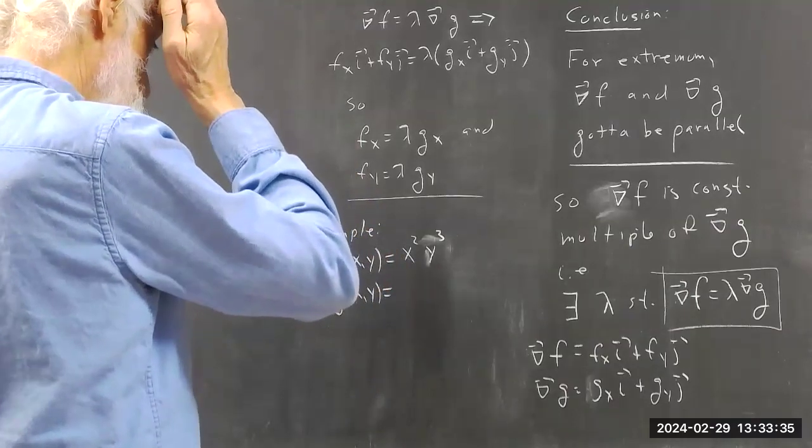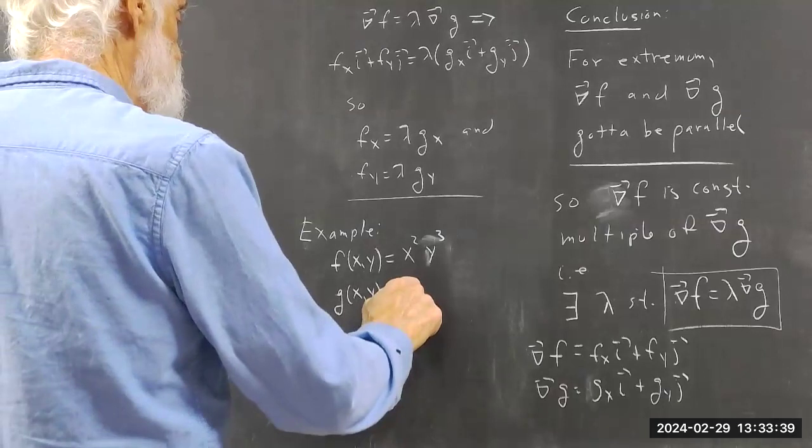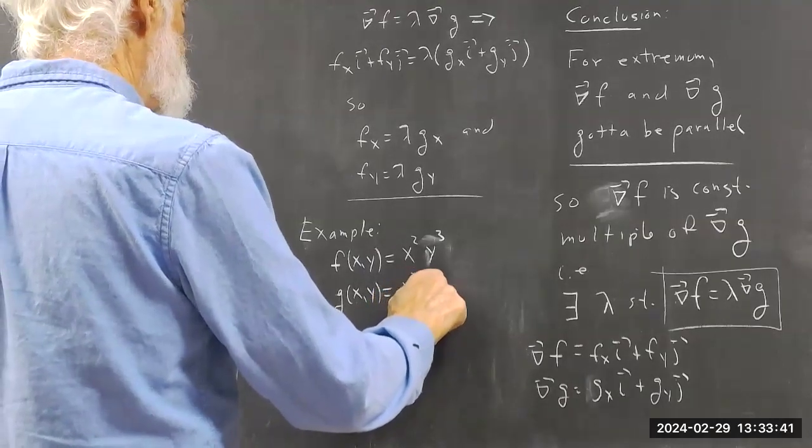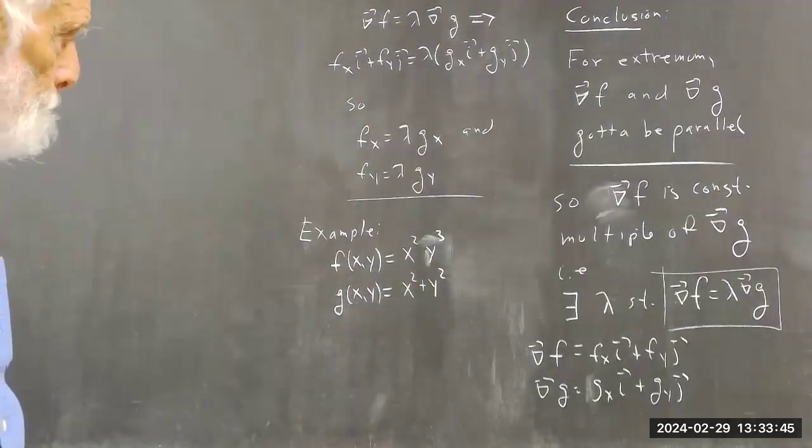And g of x, y will be x squared plus y squared.